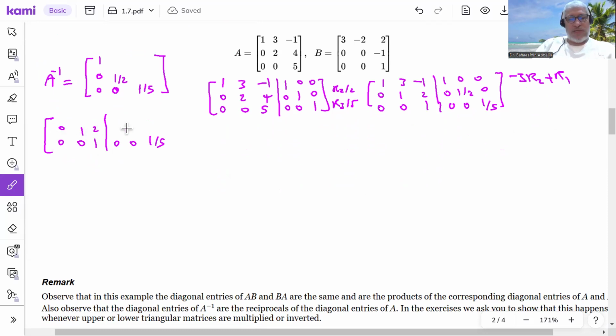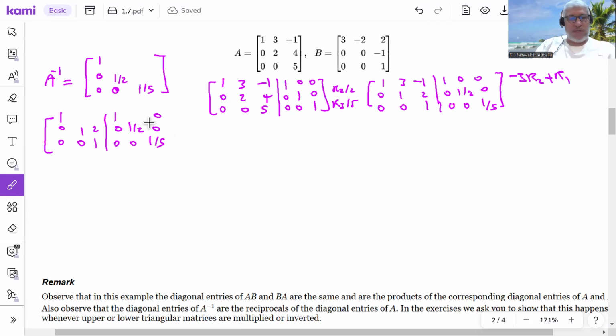There is no change in the second row. Also, these 0s will not change because I'm using row 2 to change row 1, so any 0 in row 2 will not change anything in row 1.